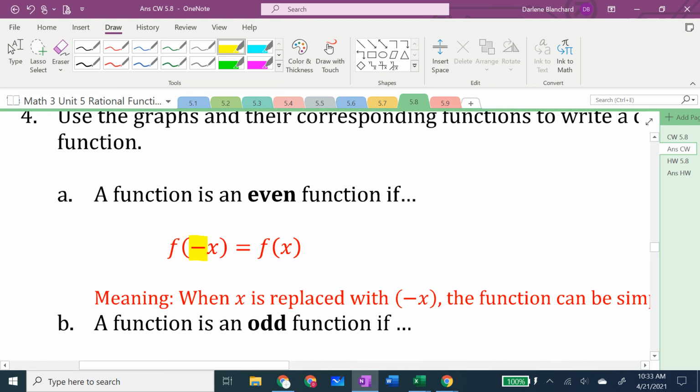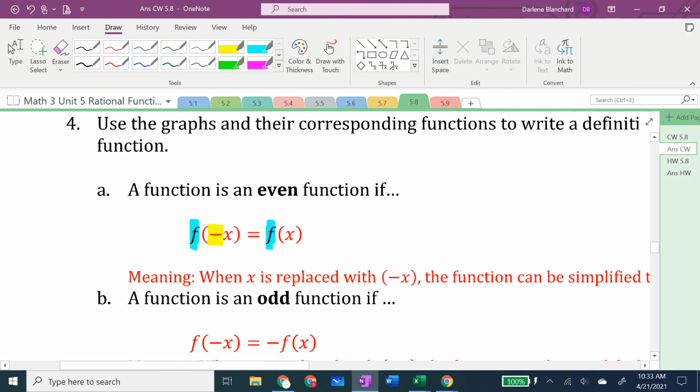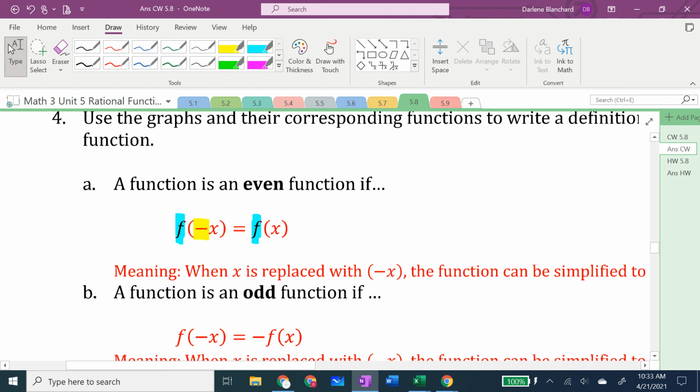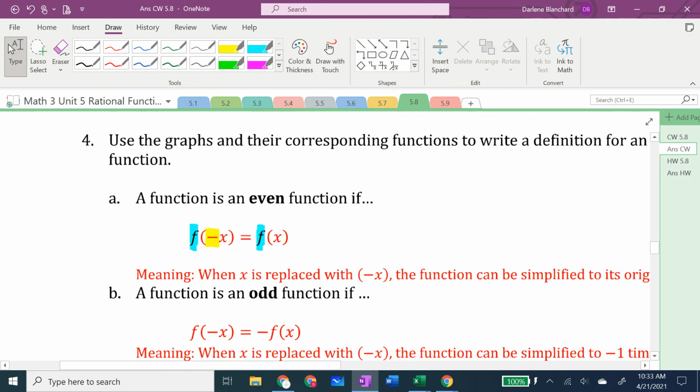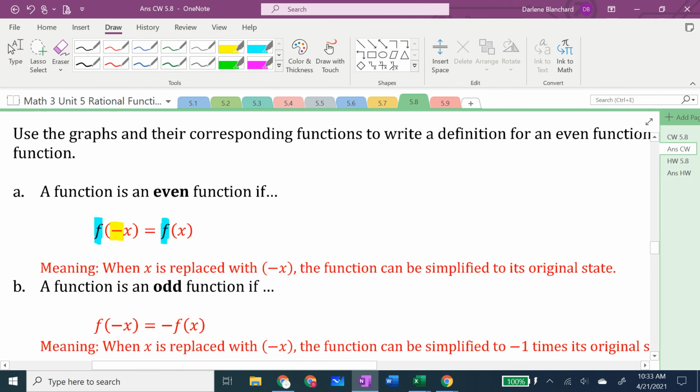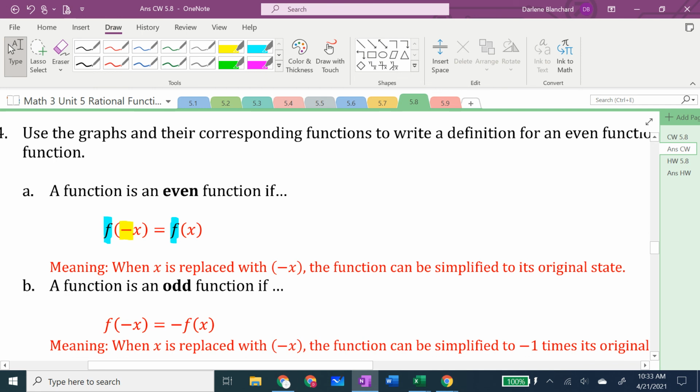If you have an even function, doing that won't affect anything. So multiplying x by a negative number will cause the same thing exactly. If you replace an x with the opposite x, the function can be simplified to its original state.